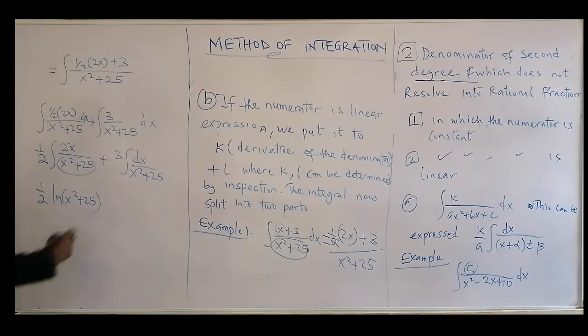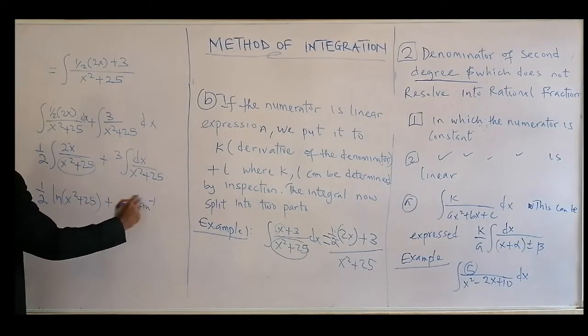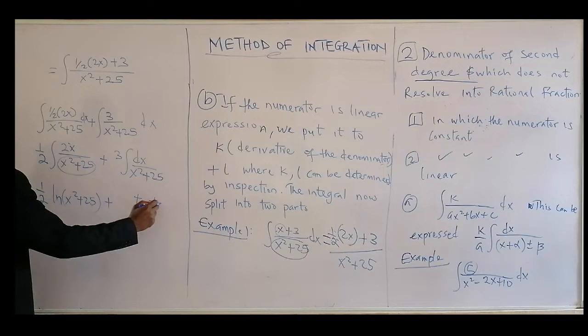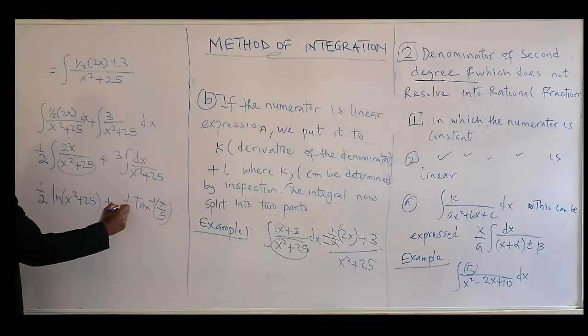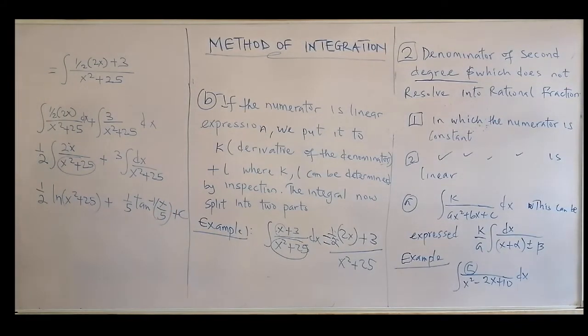Then plus this, the integral of which will be arctan of x over 5. Then you divide by 1 over a, which is 1 over 5, then plus c. So that's that on that aspect.